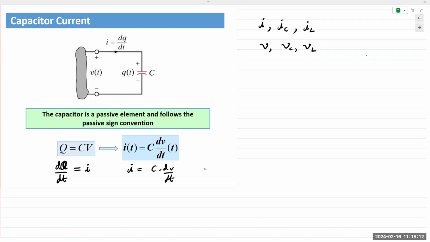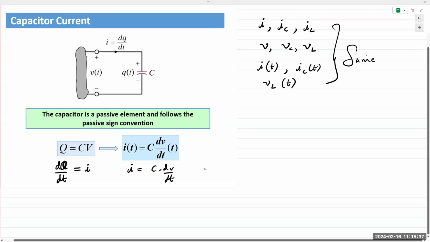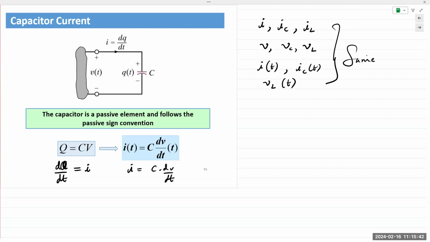If it's a function of time, you could see something like I of t or IC of t, or you could see VL of t. They all mean the same. Whether it is explicitly stated or not, you should understand it's a function of time. Okay, so t is the variable. We would describe equations for the voltage and current in terms of the variable t. So whether the notation is there or not, it still means the exact same thing, function of time.